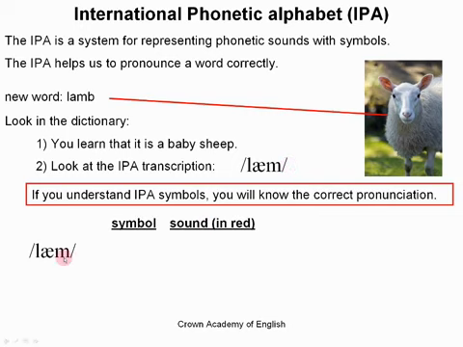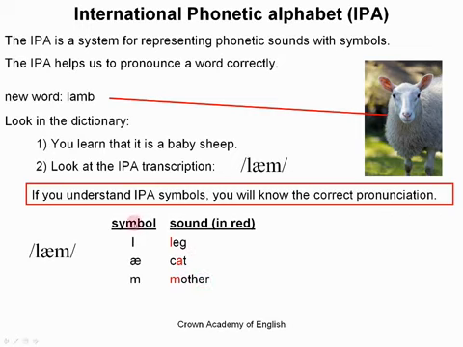So the IPA symbols, here are 3 IPA symbols. The first one is the symbol for the sound L, like leg. Second symbol is A, like cat. And the third symbol is the symbol for M, like mother.